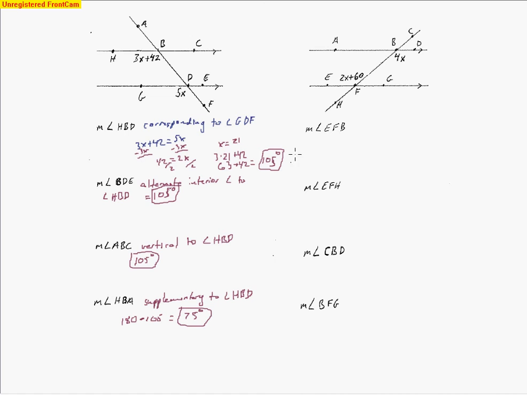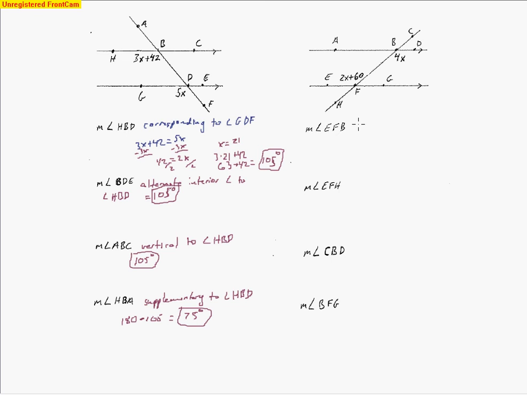So let's take a look at another example here. And we've got EFB, so this angle right here, we need to find its measure. We don't have it, so we have to look at other information we've got. Well, since these two lines are parallel, and this is the transversal right here, I could say that 4x and 2x plus 60 are the same thing.